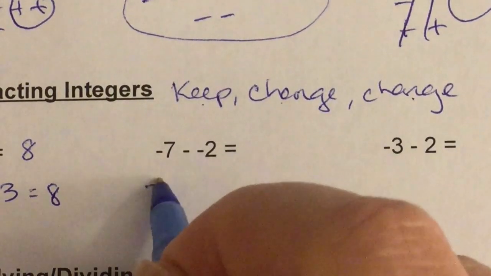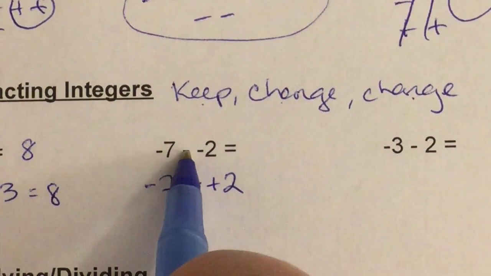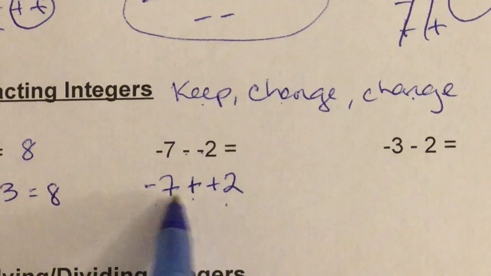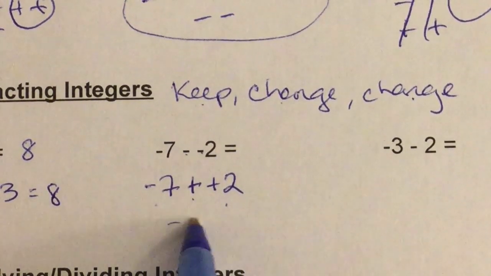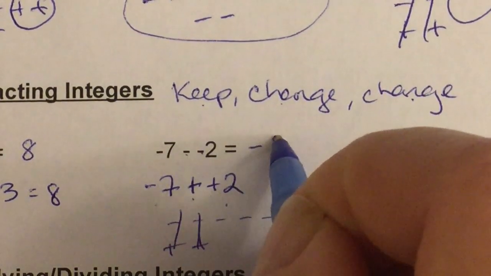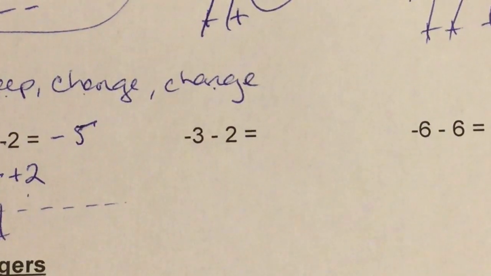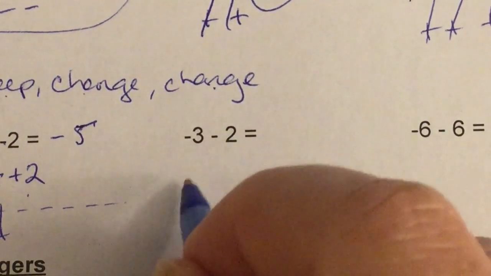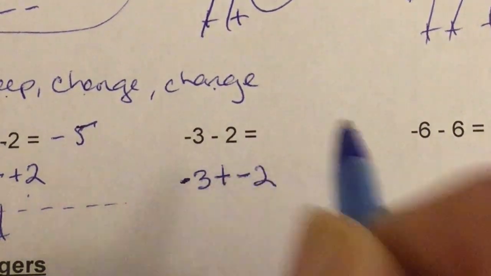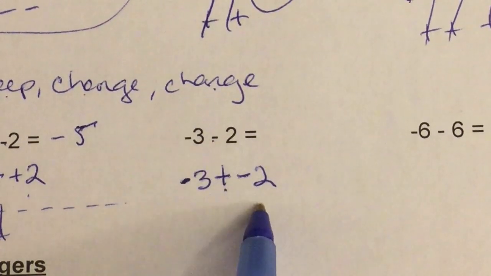Similarly, keep the negative 7, change, change. So change the subtraction to addition, change the sign on the last number. So negative 7 plus positive 2, again, if you want to think of it visually, we have negative 5. Next, we keep the negative 3, change the subtraction to addition, change the sign on the last number.